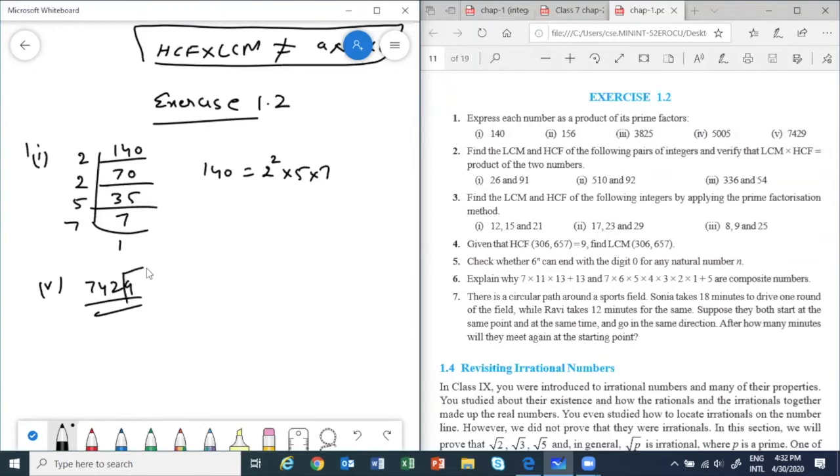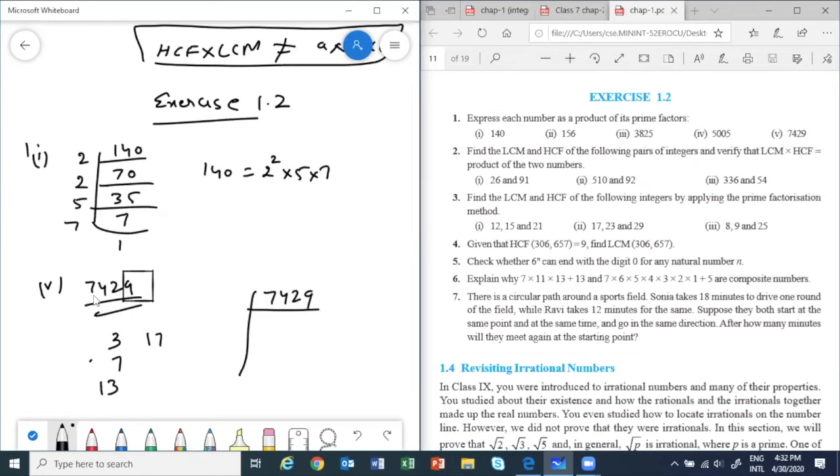See, hint is there is 9 here. So either you try 3, or we can try 7, or we can try 13, or we can try 17. Try 7429. How will you factorize?